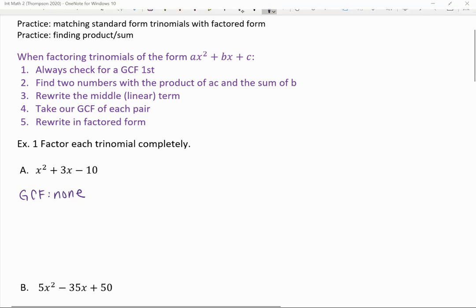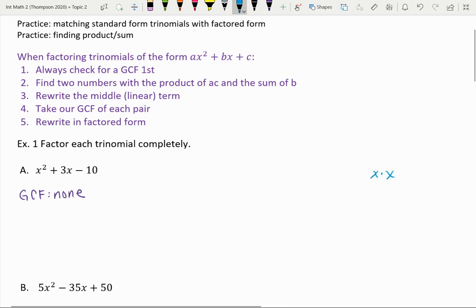I'm going to break it down, and in 2.4 we were writing lists of prime factorization, so I'm going to do that on the side here, just to relate it back to what we've done. If I write out all the prime factors of x squared, I would have x times x. The prime factors of 3 times x: 3 is prime, so this would just be 3 times x.